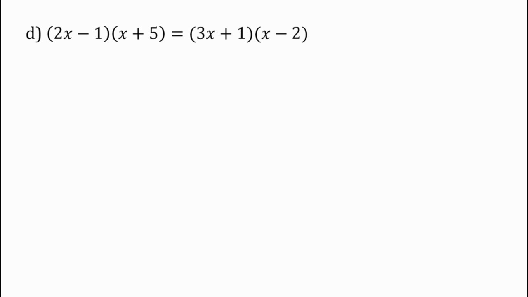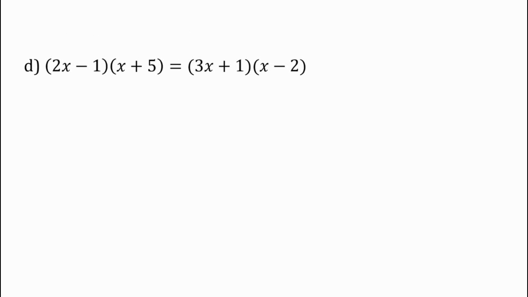So I'm going to do the first one the long way, and I'm going to do the second one a shorter way, and again, you pick which way you're most comfortable with. Doing it the shorter way will save you one step of writing. If you can do the mental math, save yourself a little bit of time. The long way is I do 2 times x and 2x times x and 2x times 5.